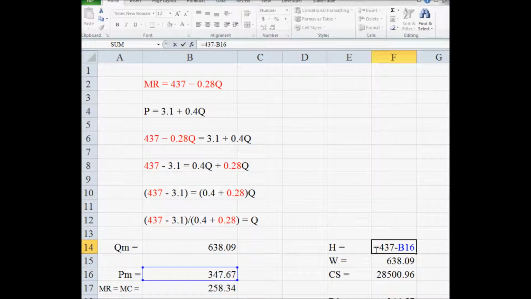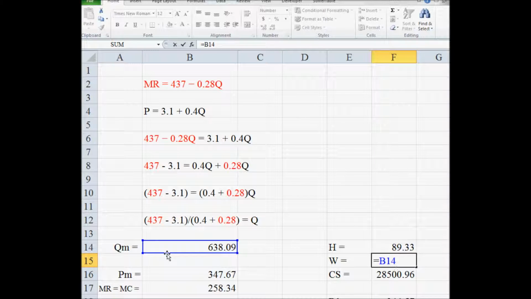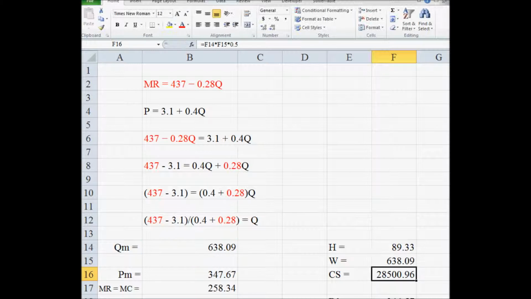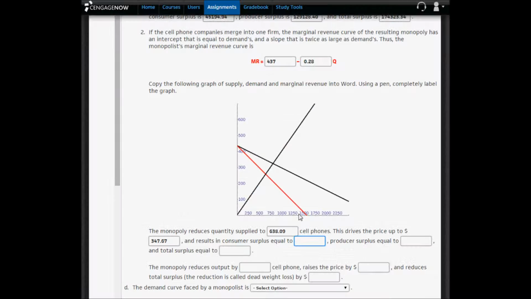So the height of the triangle is the intercept of the demand curve or the marginal revenue curve, less the price the monopolist charges. The width of the triangle is the quantity the monopolist produces and sells. And then the consumer surplus is the area of that triangle. The height times the width times 0.5. To 2 decimal places, it would be 0.96.